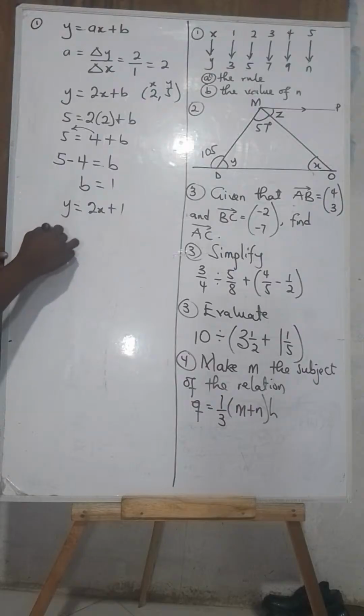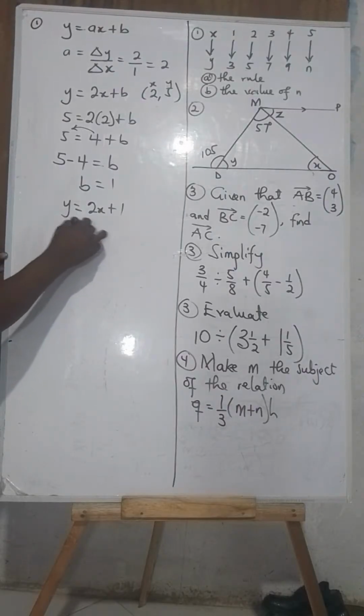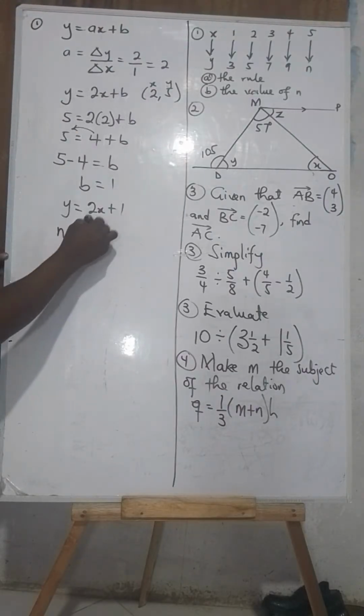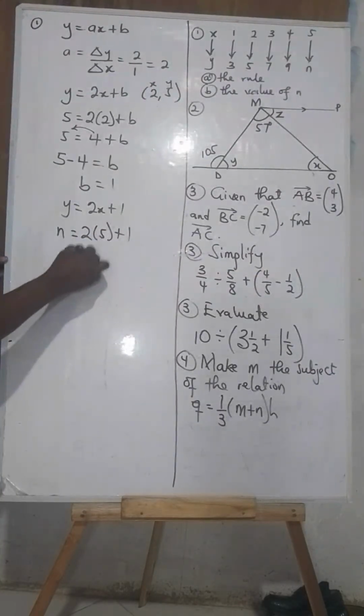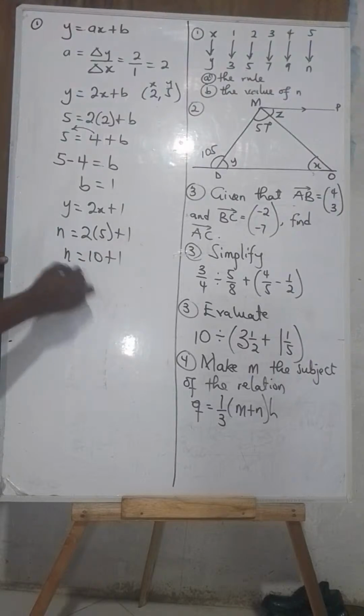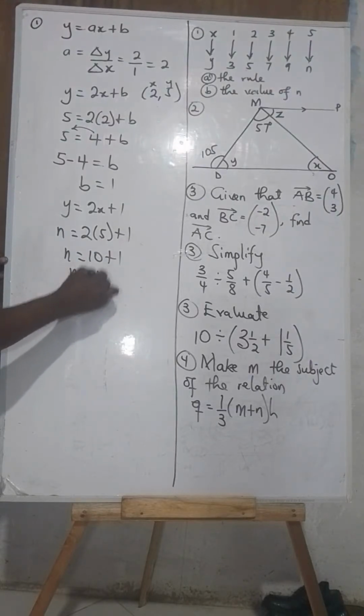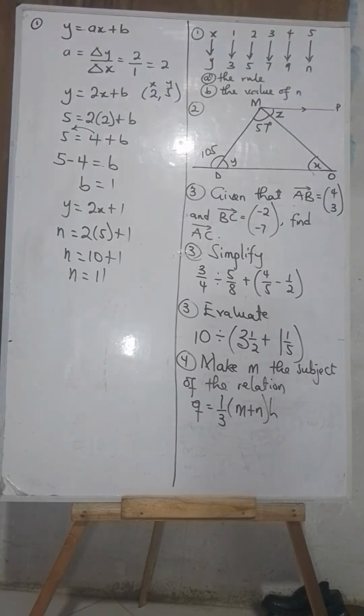The n there, instead of x, you have 5, so 2 times 5 plus 1. So n will equal 10 plus 1, and that gives us 11. So that is the mapping. I hope we were able to solve it.